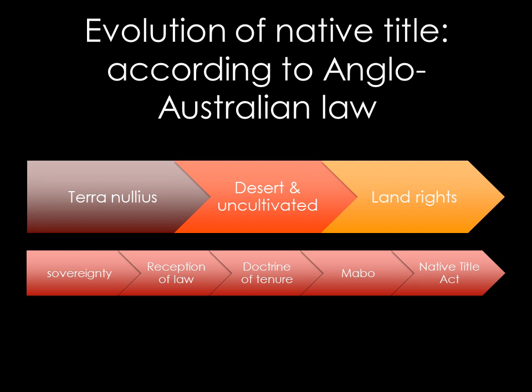Reception of law, which is the importation of English law into Australia, and this was justified by the doctrine of desert and uncultivated. And the law that was received in Australia is the doctrine of tenure, and we'll see the implications of the doctrine of tenure in this presentation today.